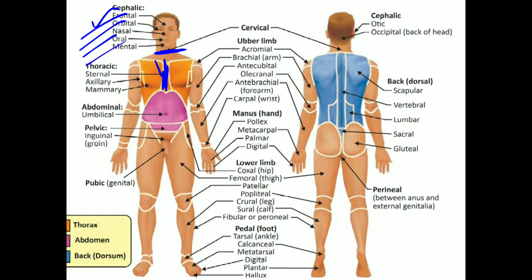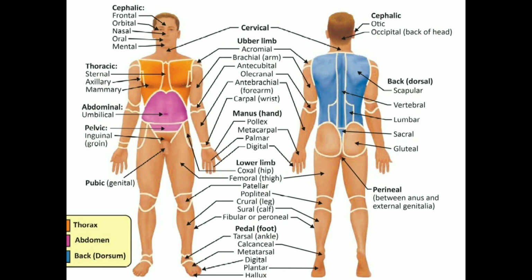You can see that in the diagram. Axillary refers to the armpit, the axilla. Then brachial refers to the upper arm. Antebrachial refers to the forearm. Then antecubital refers to the front of the elbow. Then carpal refers to the wrist.